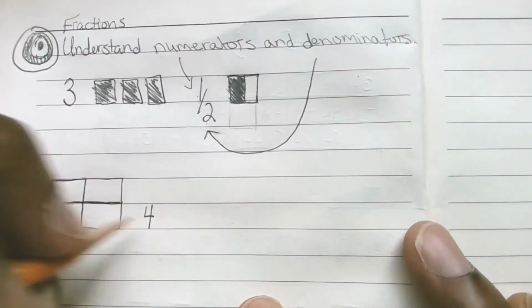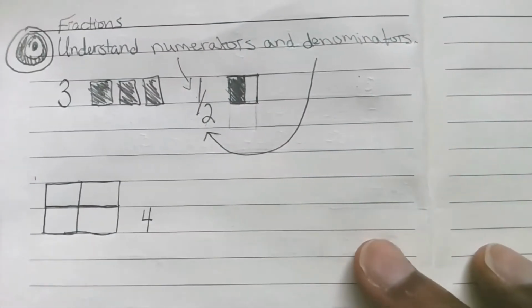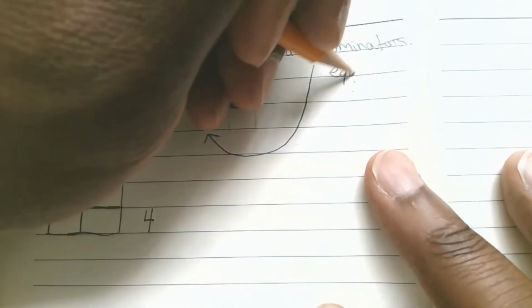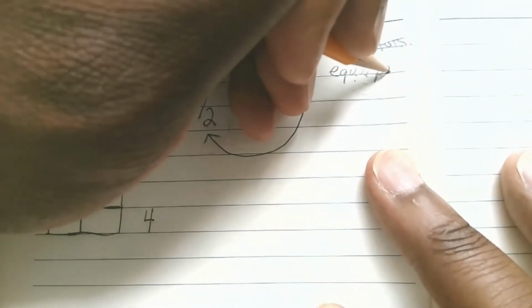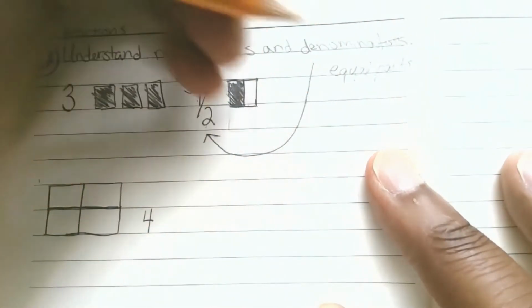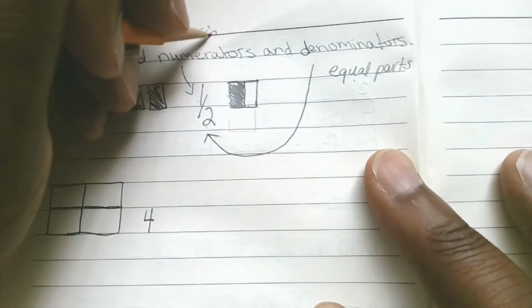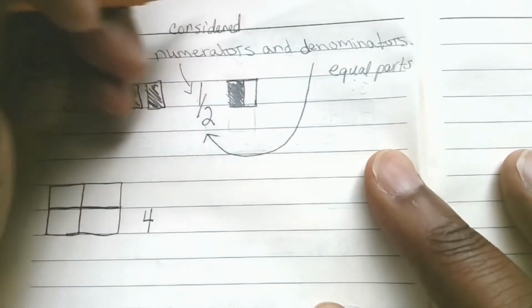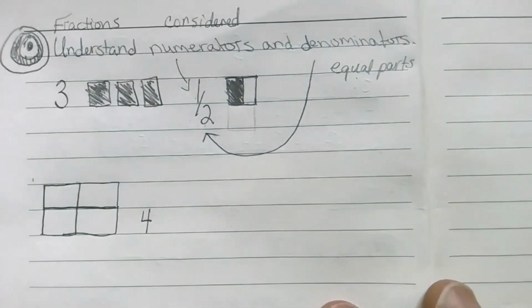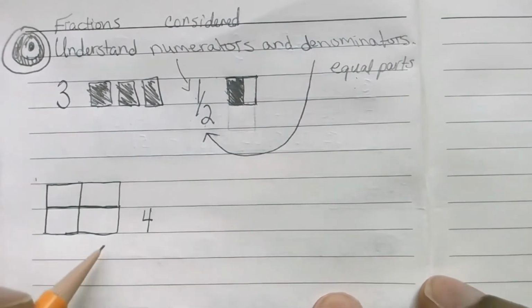So the 4 is going to go on the bottom. I'm just going to add a label up here to help us: equal parts. And then for numerators, I'm going to say what's being considered. So we said 4 equal parts.